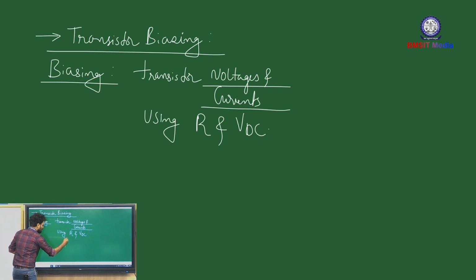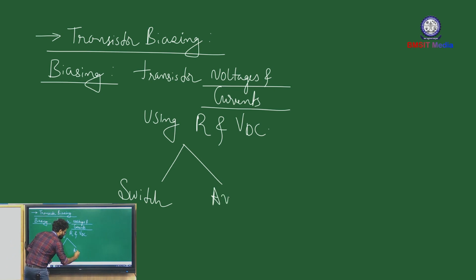So using biasing, you can make a transistor operate as a switch or an amplifier.